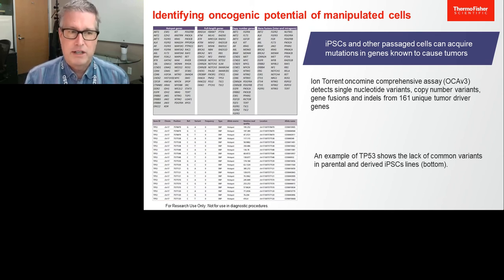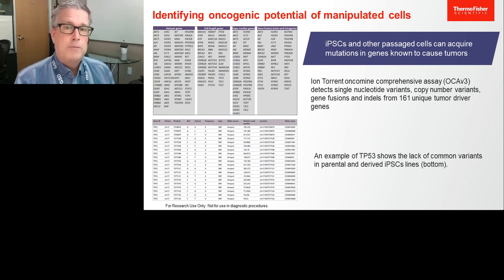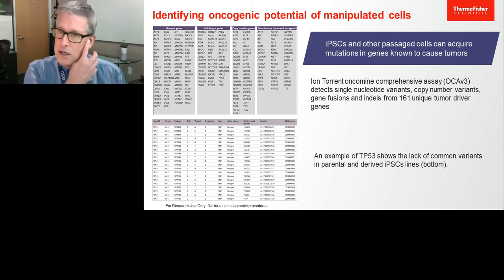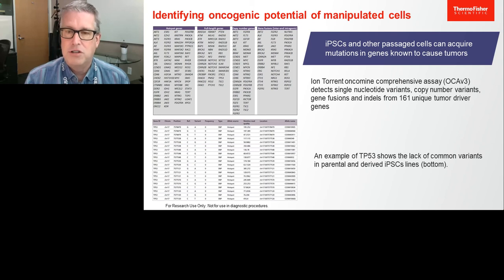One of the ways this is done, in a publication that we came up with, was by making use of the Ion Torrent Oncomine Comprehensive Assay. This is a way to use the Ion Torrent platform to quickly check whether or not there are hotspot mutations in a cell line. It checks for gene fusions, indels, and hotspots for 161 unique tumor driver genes.